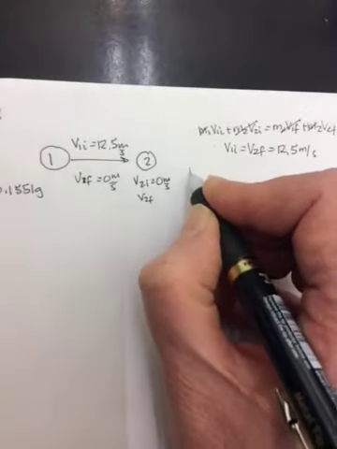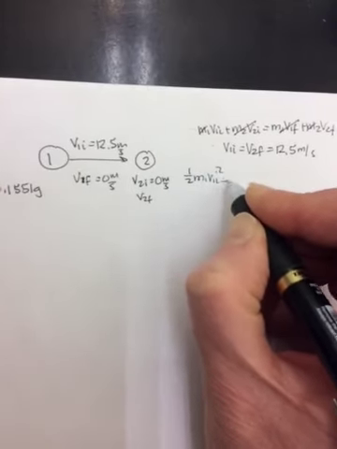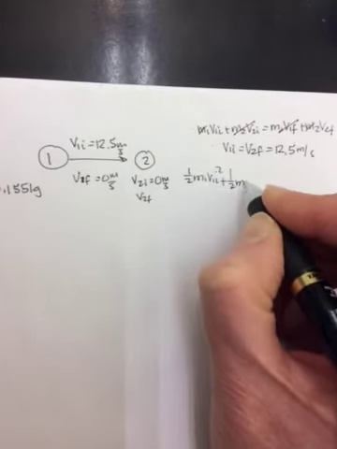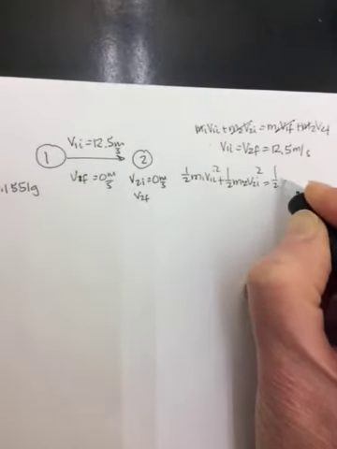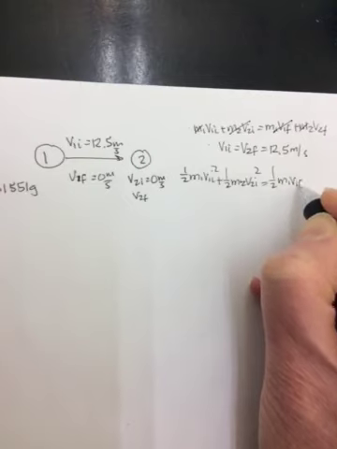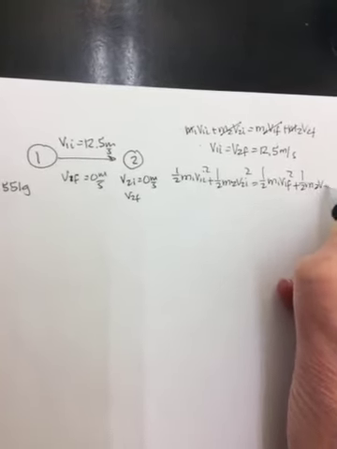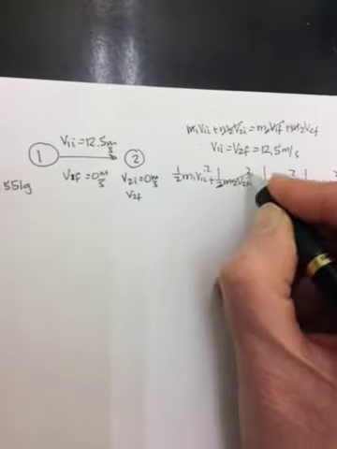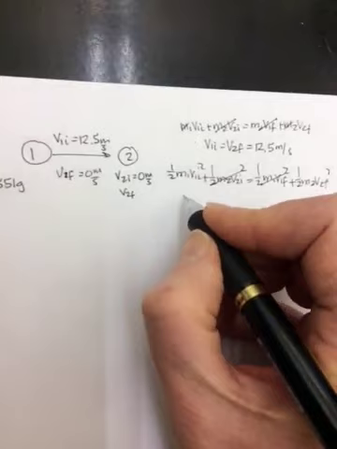So determine if it's elastic. 1/2 M1V1 initial squared plus 1/2 M2V2 initial squared is equal to 1/2 M1V1 final squared plus 1/2 M2V2 final squared. Initially, this term is 0, and the final number 1 is 0.